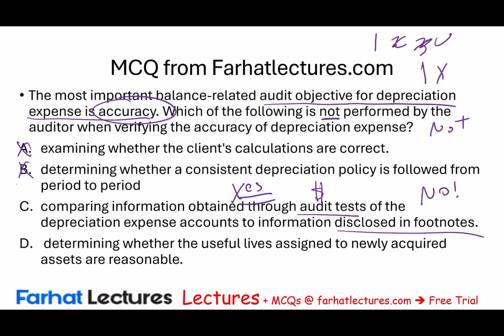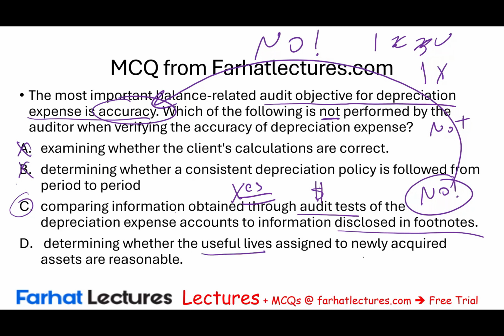But do you have to do this for accuracy? And the answer is no. Be careful what you are being asked. C basically deals with disclosure. You have to do this for disclosure purposes, to make sure you have it in the financial statements properly, you computed it properly, and in the disclosure the number is correct. So if you're claiming you have 100,000 of depreciation expense, in the notes you have 100,000, but that's disclosure.